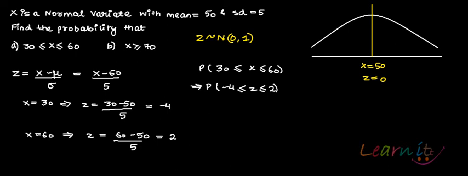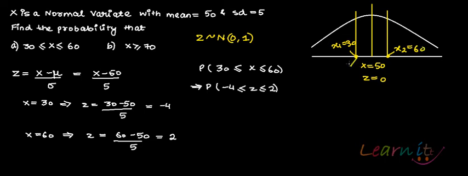So what do we have to find out? We have to find out when x is 30. So x is 30 would lie here, and x is 60. This is x1 is 30 and this is x2 is 60.